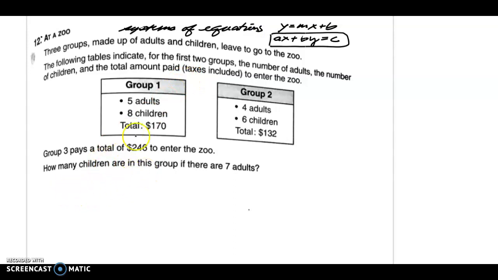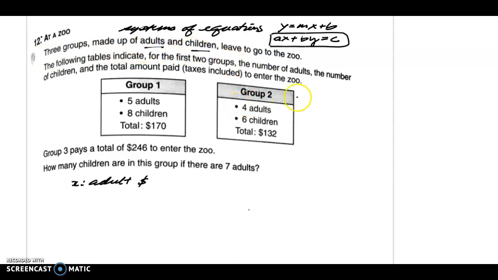So here we go. They're giving us two groups. Well, what you need to define first is what your x is. And we can say these are just adults. Adult price. So adult price, right? Because there's three groups made up of adults and children.